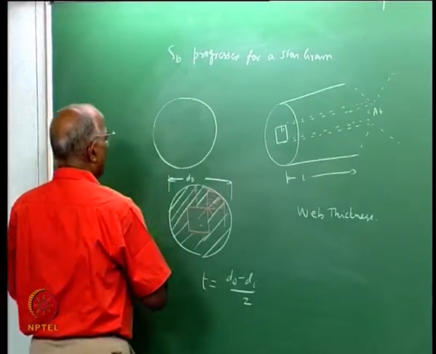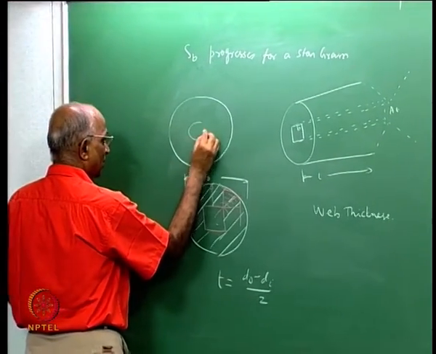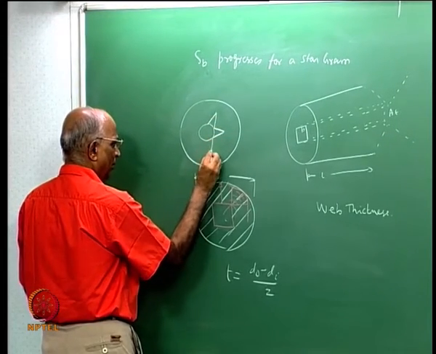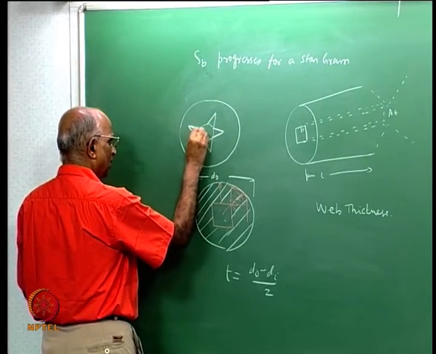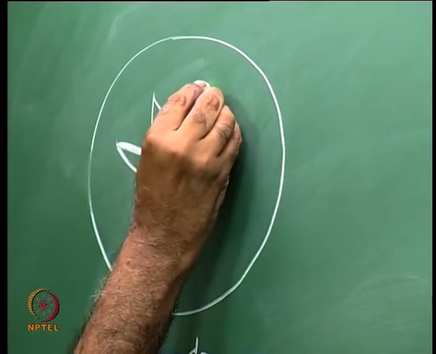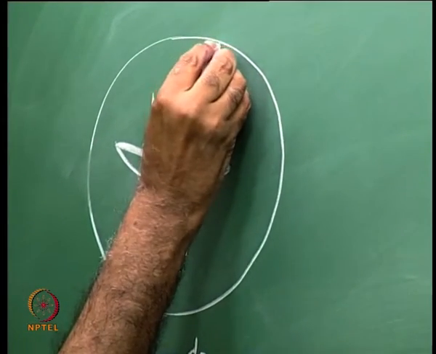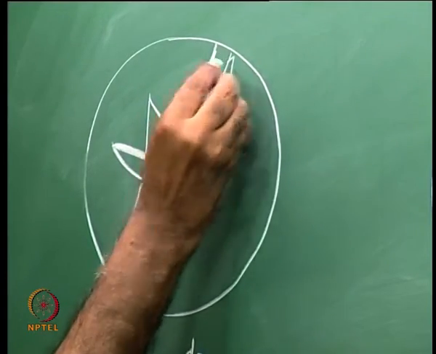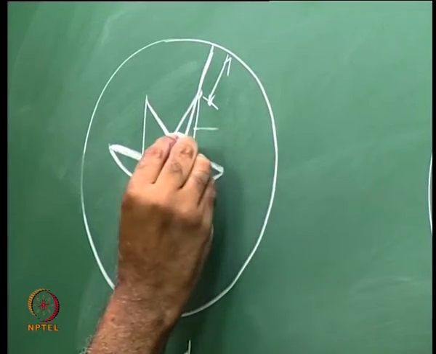But now if I go to a star with which I am interested, what did I do in the case of star? We had something like a circle. I wrinkle the surface such that I get a star shape. I have a number of star points over here, let us say. What is it I am doing? The web thickness will be from this to this. This is my minimum thickness, which is the web thickness, whereas here the thickness is much larger.